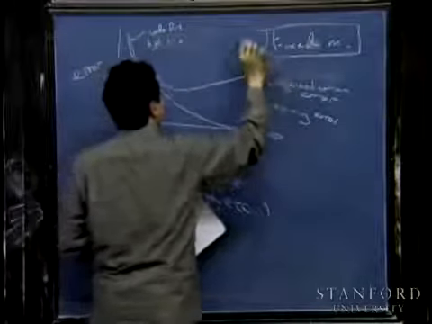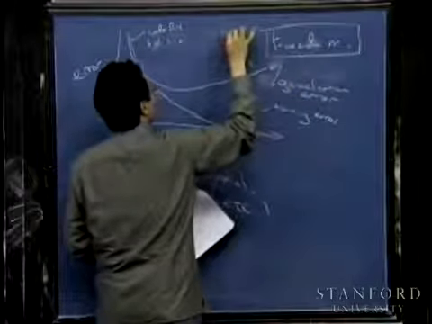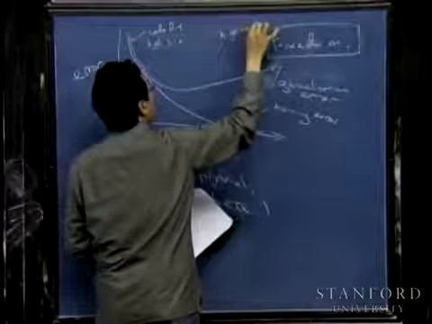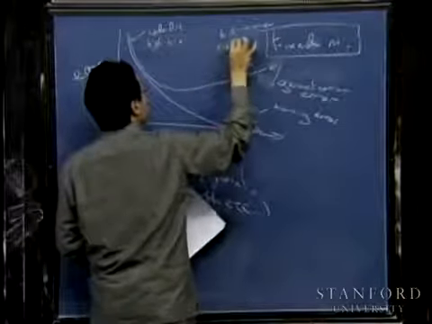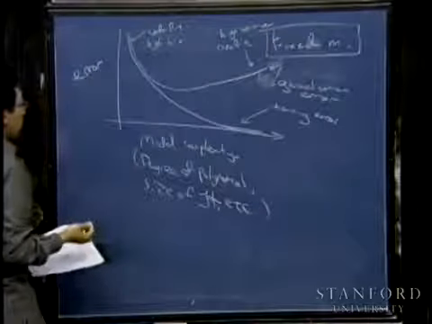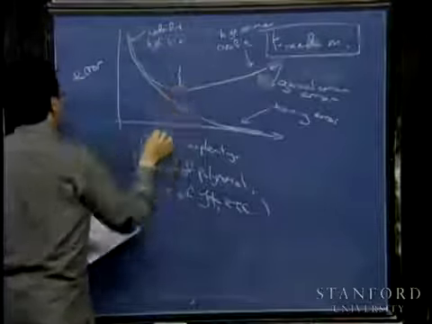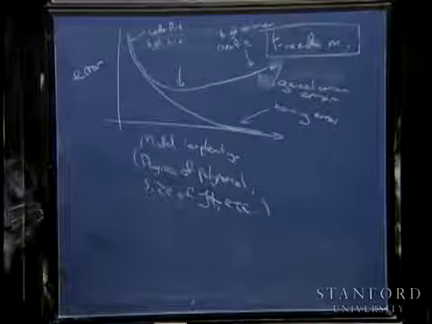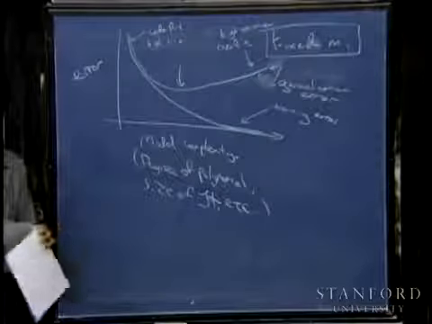And this regime on the right is when you have high variance, or you're overfitting the data. This is why a model of intermediate complexity, somewhere here, is often preferable, since our goal is to minimize generalization error.